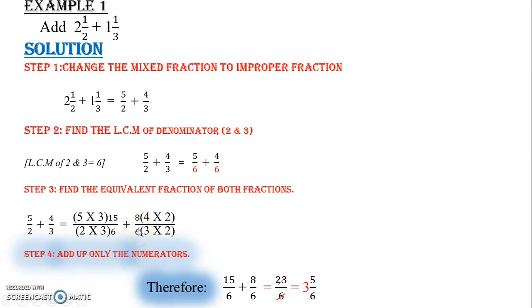So we're going to add up our numerators, which is 15 plus 8. So therefore, the last step, we're adding up our numerators. So 15 plus 8 would give us 23. So 23 over 6. 6 into 23, that will give us 3, remainder 5 over 6, our denominator.